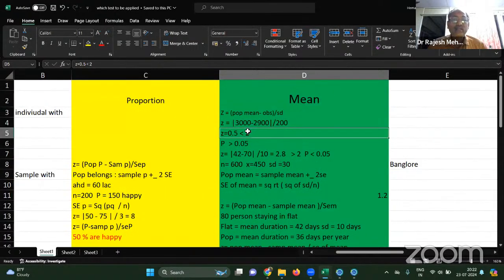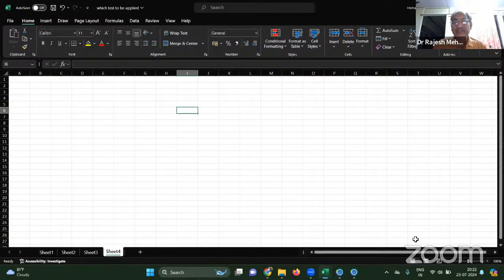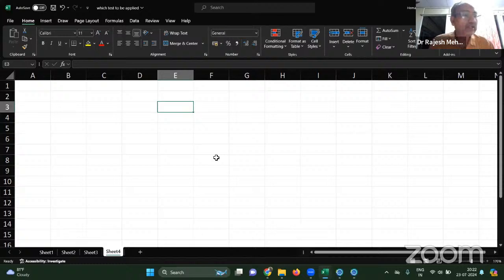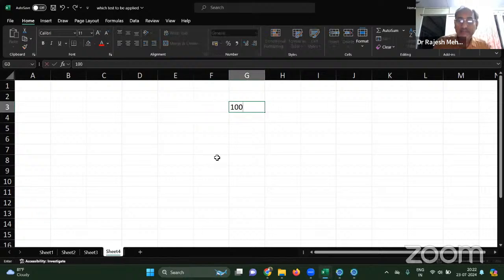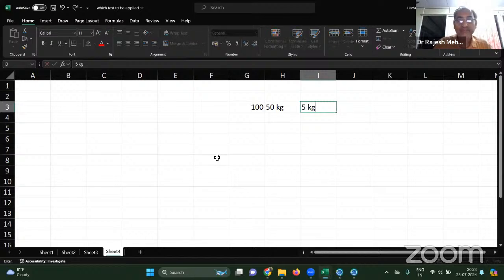Now, let us talk first about this. This is a very clean slate in which you have 100 individuals staying in a hostel, and their mean weight was 50 kg, and the standard deviation was 5 kg.